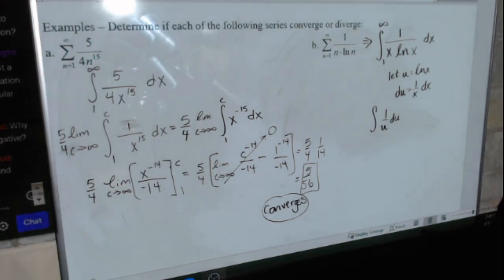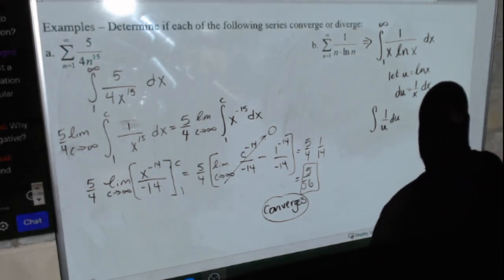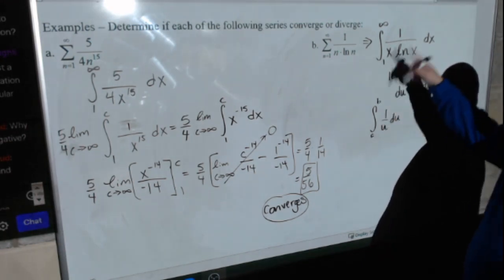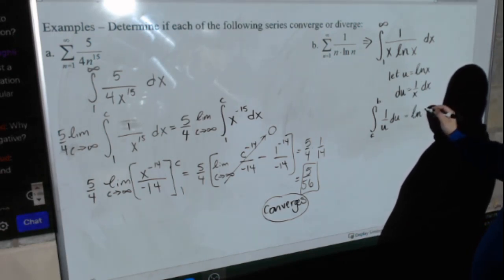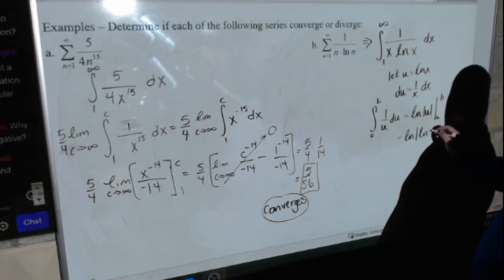And we should know that to be the natural log. I left the bounds off because I don't want to convert them. So that's natural log of u from a to b. If we plug u back in, that's natural log of the natural log. And we need to evaluate from 1 to infinity.